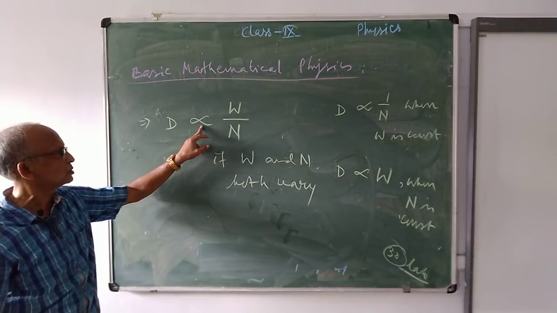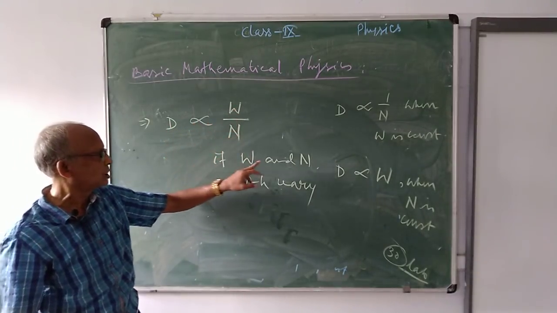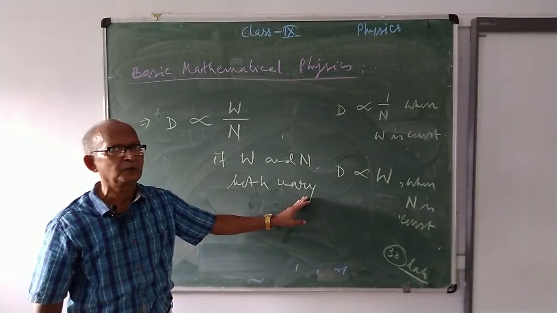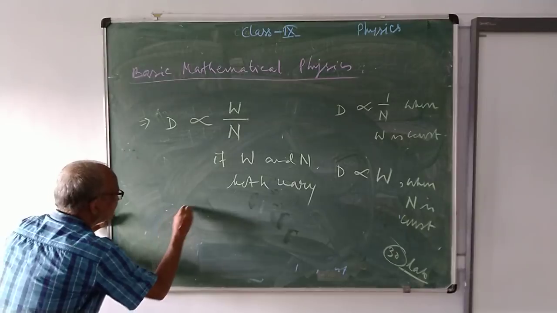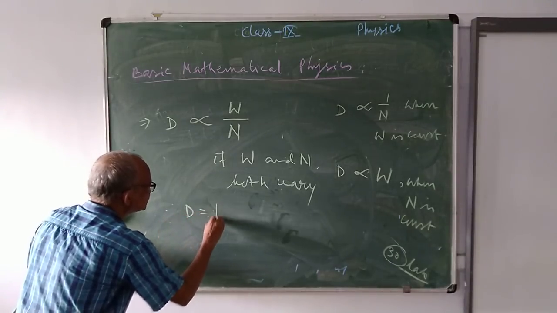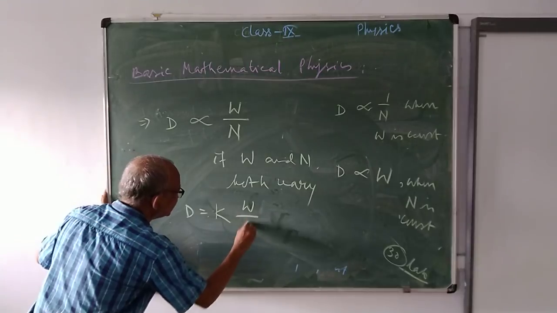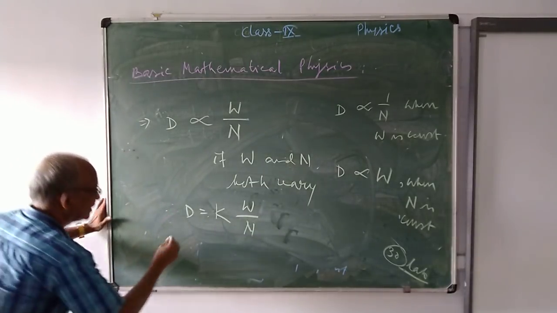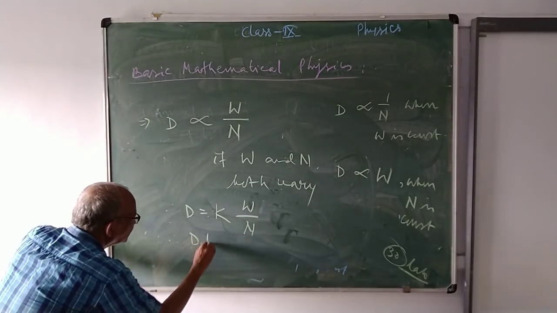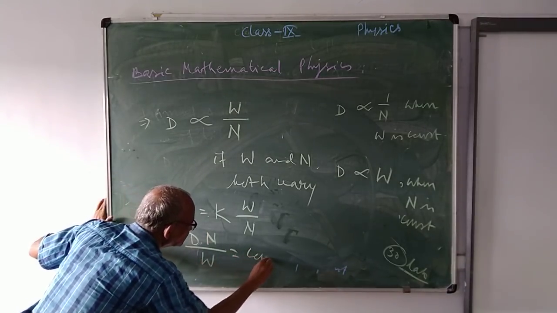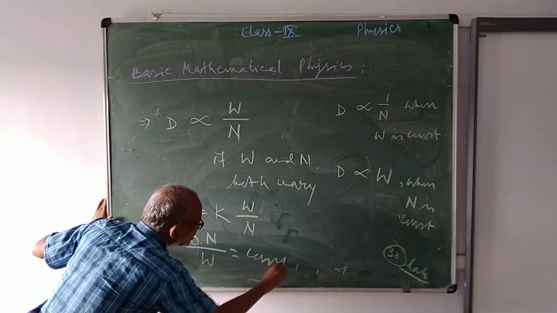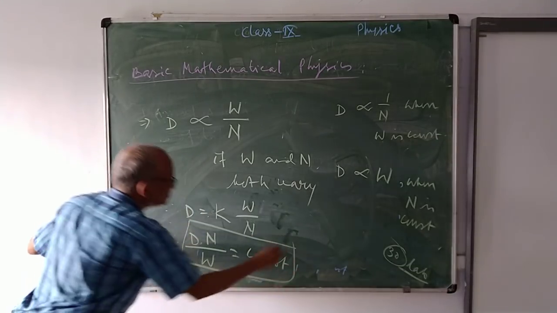D varies proportionally to W by N when W and N both vary. And then, as earlier, therefore D equals a proportional constant into W by N. That means, therefore, D into N by W equals a constant.